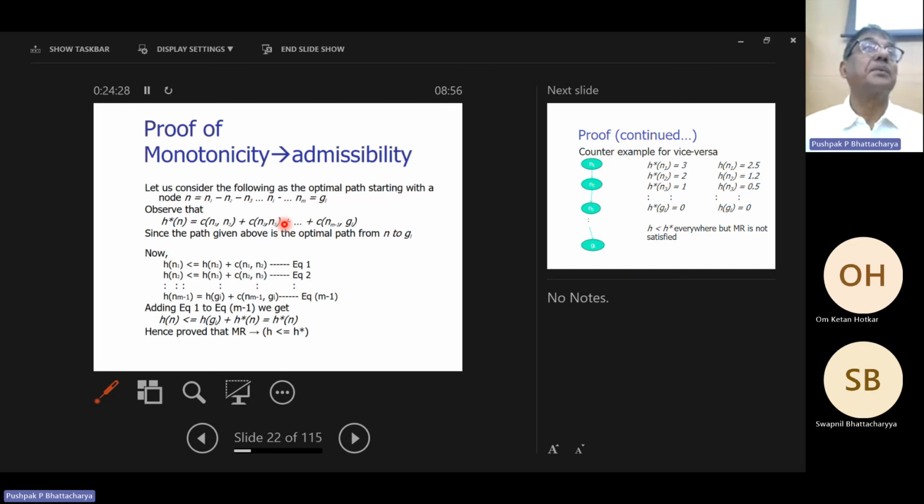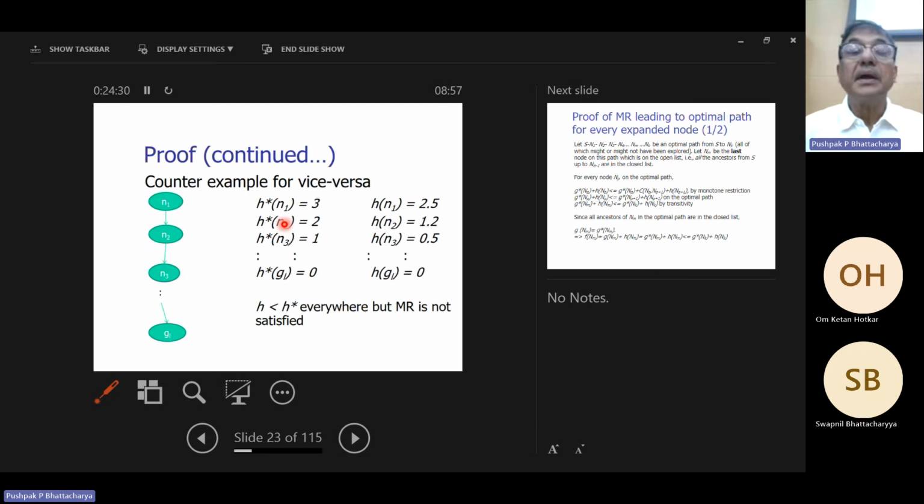But the opposite is not true. A heuristic may satisfy admissibility, H less than or equal to H star everywhere, but it need not be monotonic, need not satisfy monotone restriction. So here is the counter example. We have H star N1 equal to 3, H star N2 equal to 2, H star N3 equal to 1, and so on.